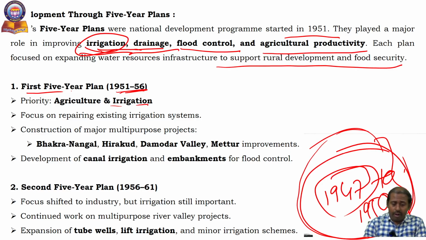What works were taken up? The first 5-year plan focused on repairing the existing irrigation systems.